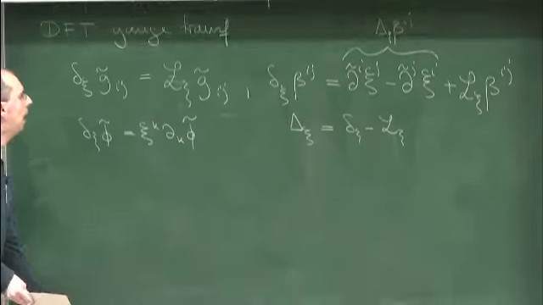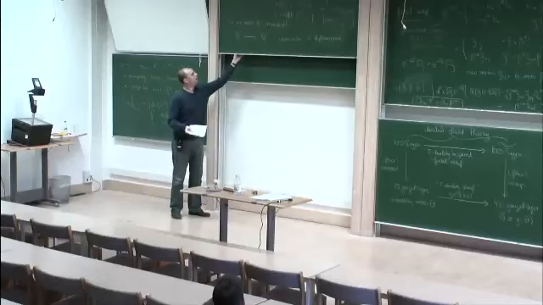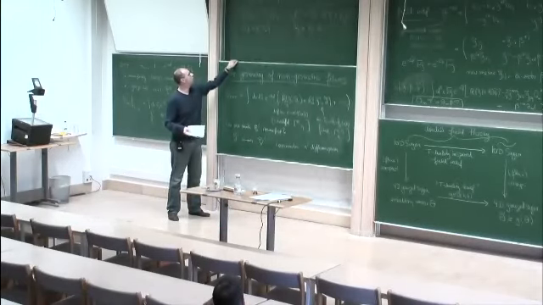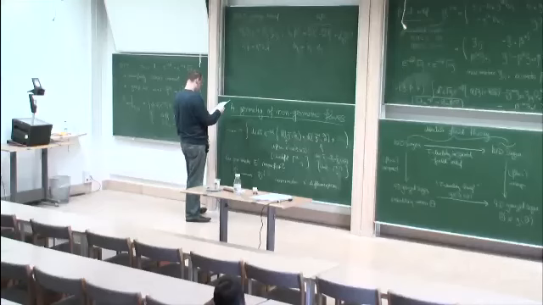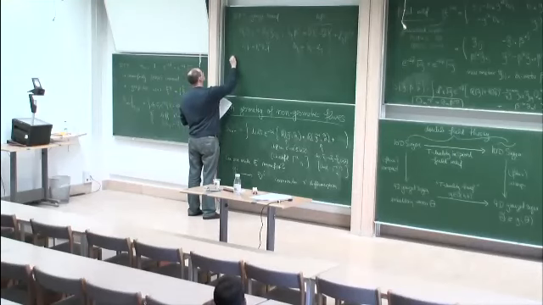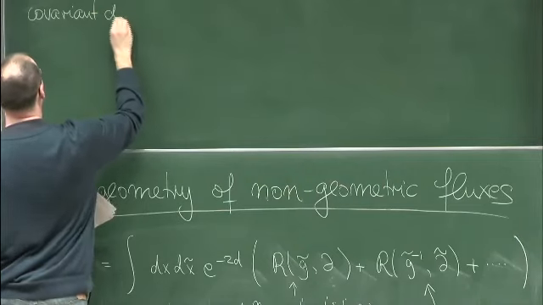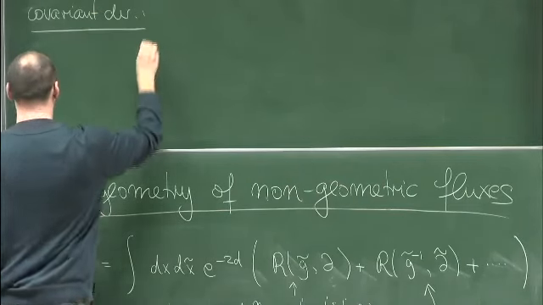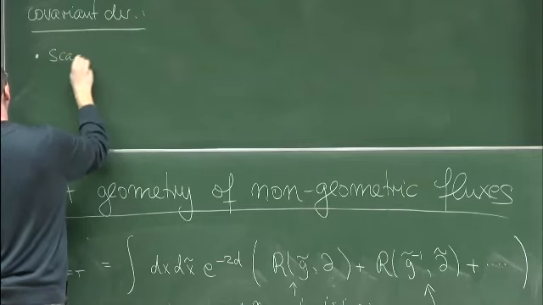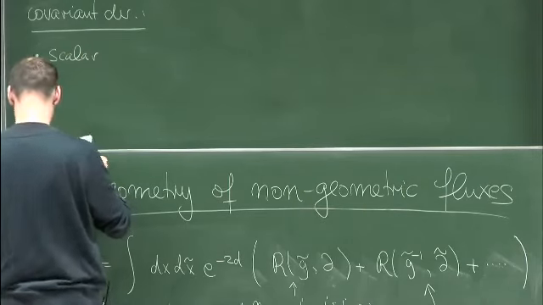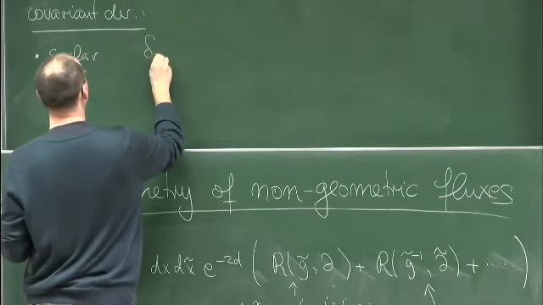Okay, these are the transformations, and now I want to introduce derivatives that are covariant with respect to these transformations. So let's start with a scalar. Let's transform the tilde derivative of a scalar.